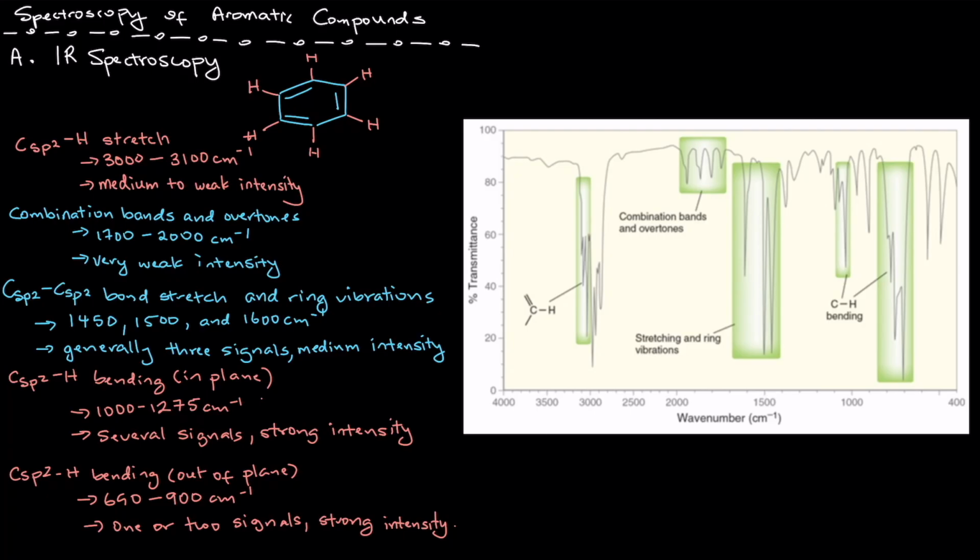And then you can see that you have the CH both in-plane and out-of-plane bending vibrational modes, either between 690 and 900, where you have those really strong signals, as well as between 1000 and 1275. Okay, so it's that combination of IR vibrational modes that you should be looking out for in compounds that could potentially contain benzene.